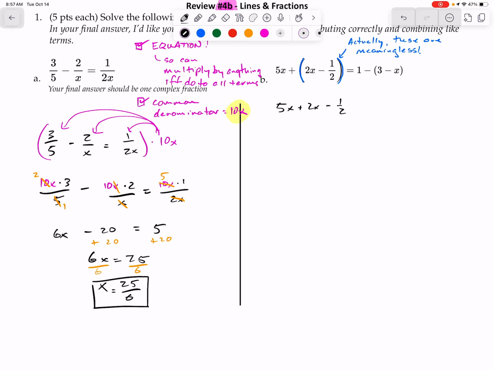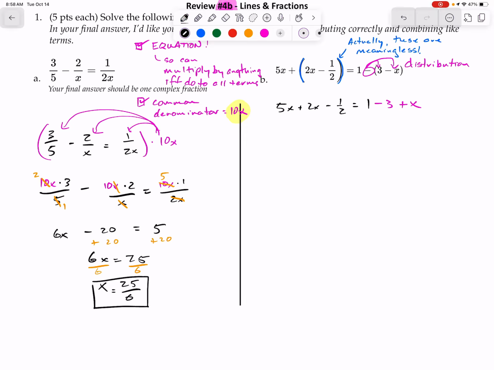There's no multiplication across them that's happening. Equals 1. And then notice here, though, these are not. I have to distribute this to both of those. So here we've got distribution. So it's 1 minus 3 plus x. Don't lose that bad boy.